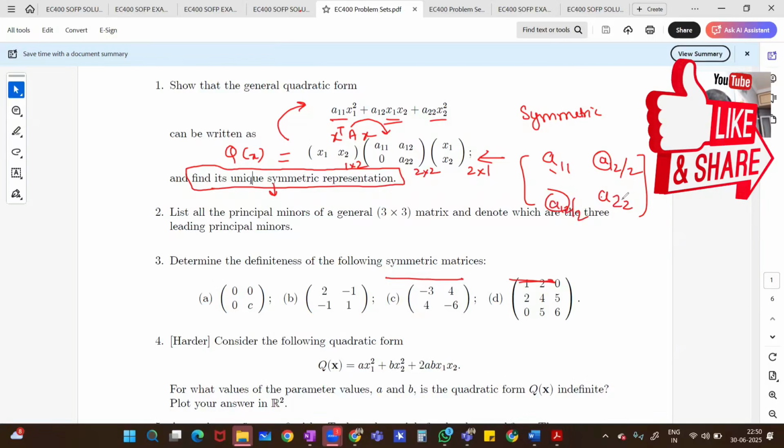So now this is symmetric. Is this fine? Got it.